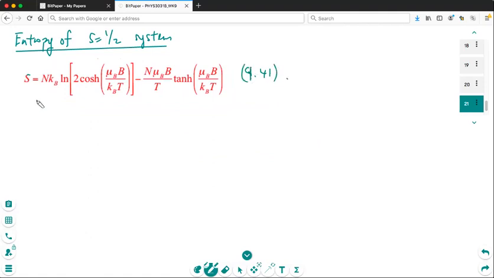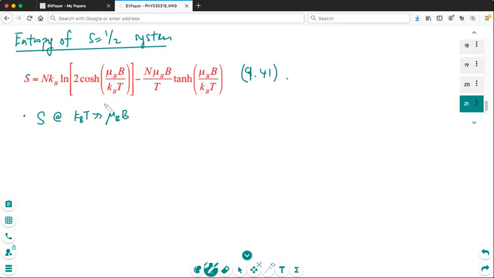I want your intuition again. Tell me, what is the entropy in the high temperature limit? And I would like some interaction here. Tell me how to get this. Actually, how do you do this? You can analyze the limiting cases.